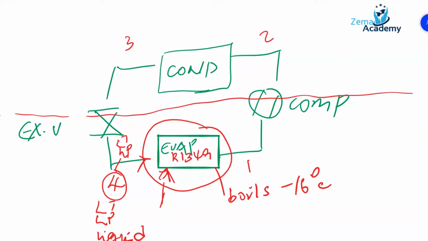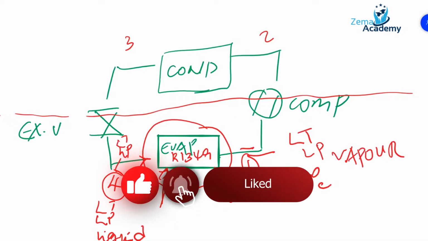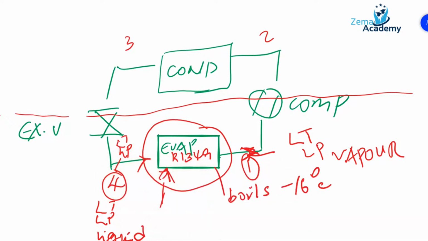That low temperature and low pressure liquid gets boiled, and when it comes out at point 1, we have a low temperature and low pressure vapor. Then we feed it into the compressor.